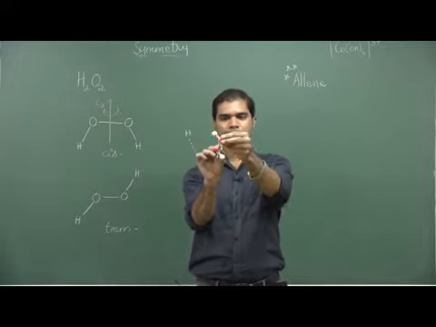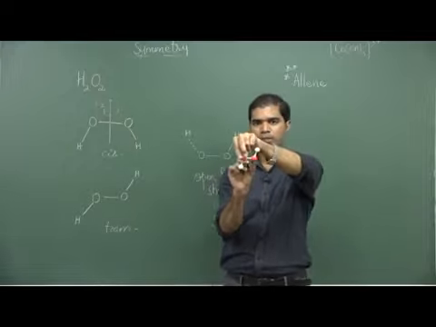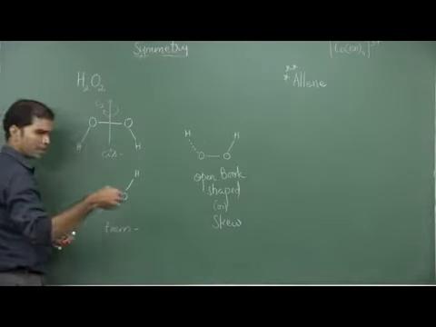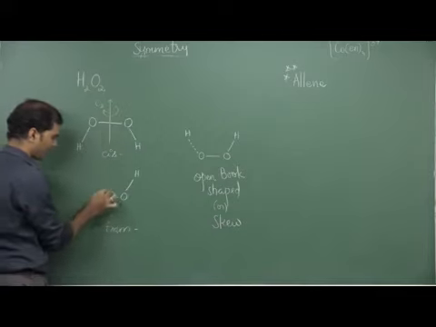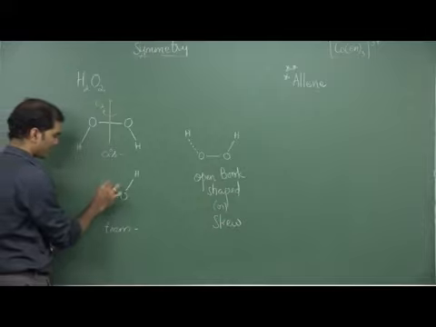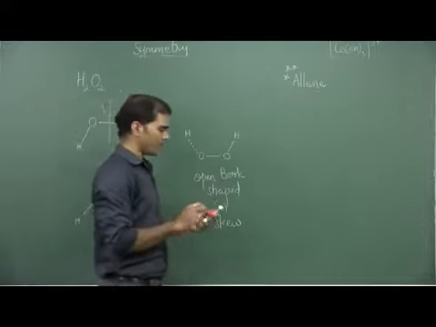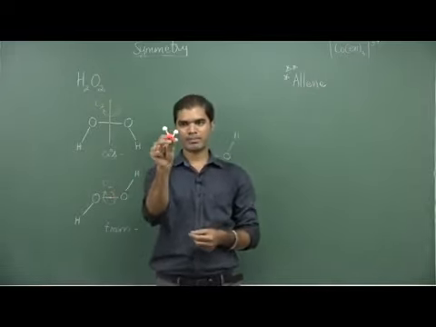It means there is a C2 rotational axis, and this C2 rotational axis is passing through the X coordinate. Since it is pointing towards you, you just put a dot around which you do the rotation operation, and that will produce an equivalent configuration.